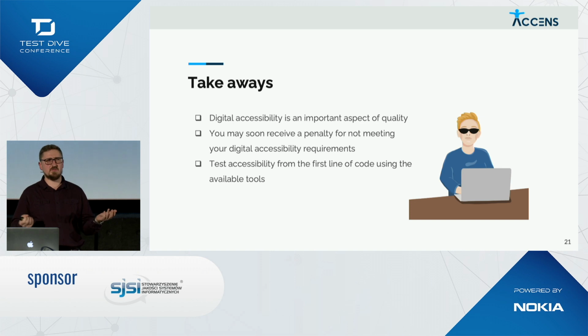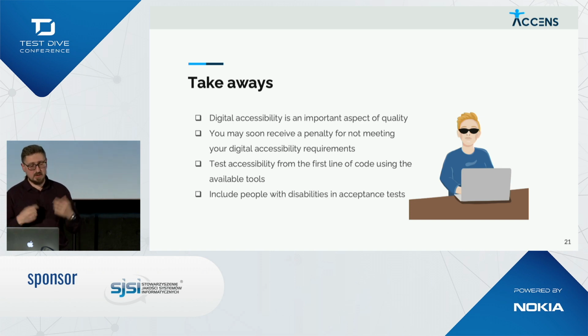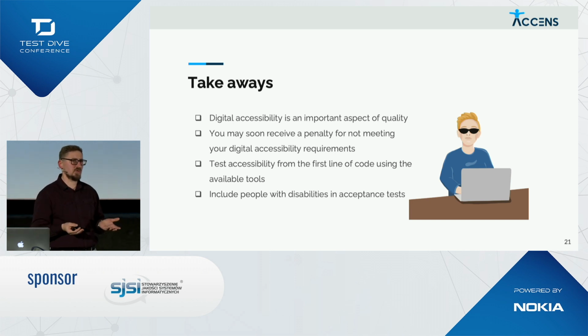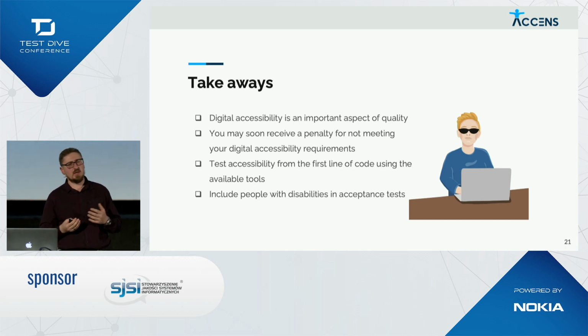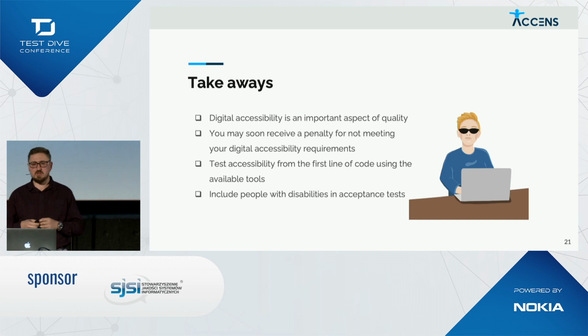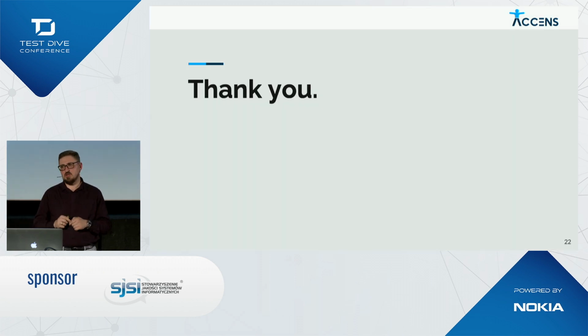Then, of course, finding and fixing issues early is the cheapest. And include people with disabilities to test your software, because they provide slightly different comments which can help you understand their feelings. So it's important to include them as well. And that's all. Thank you very much.